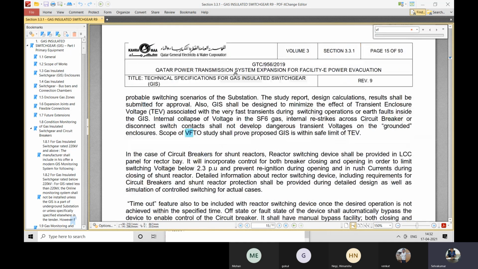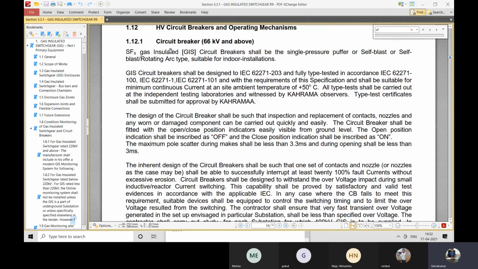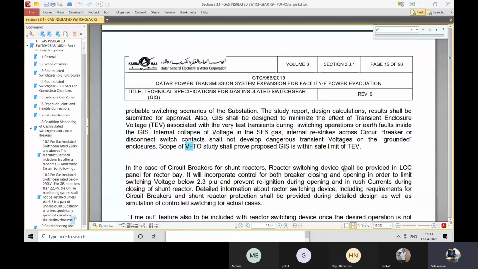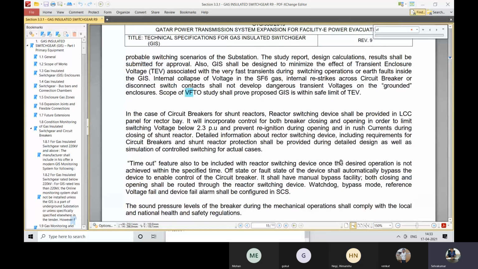If not, I'll share this portion so you can quickly look at how to relate the specification of the GIS and decide what are the studies which we have to carry out as part of the scope, though they do not explicitly say. These are the studies which we need to perform, and we need to understand what are the things which have to be done.